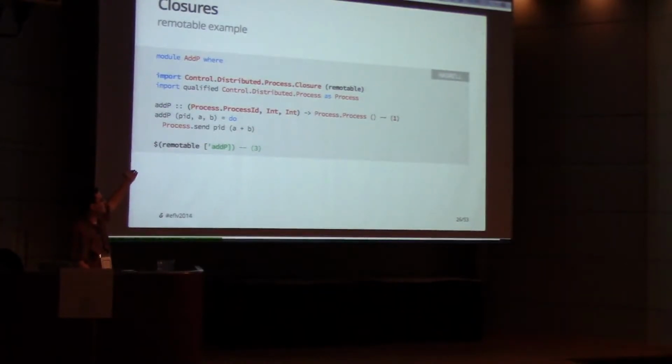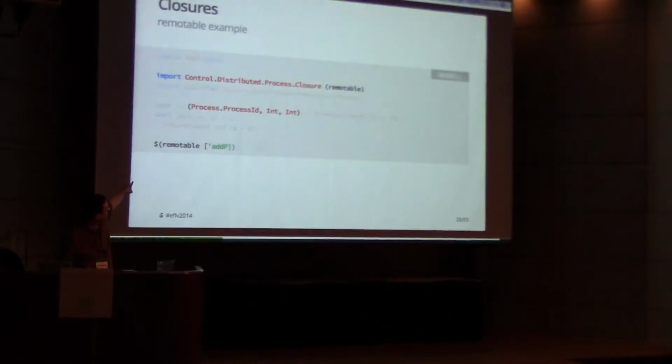And in this particular example, we're receiving the PID of whoever wants the sum, my result, and the 2 integers. And I send it back. And in order to make it remotable, I do that bit down there on number 3.